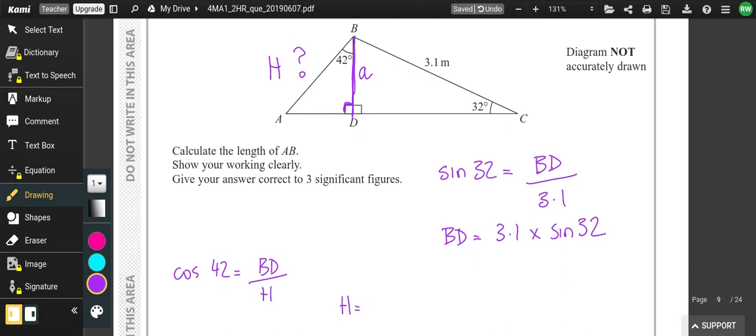So H is equal to BD divided by cos 42. So 3.1 times sine 32, and then divide that by cos 42.